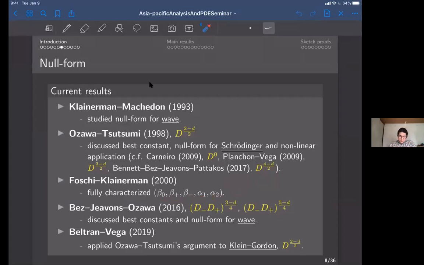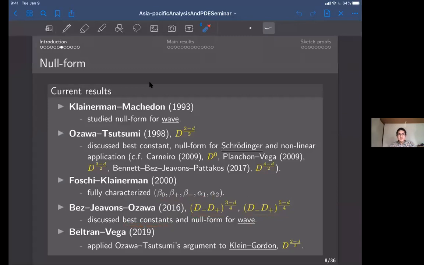In 2016, Bez, Jeavons, and Ozawa studied this new form of wave and also obtained some best constants. These two are the new forms they considered.